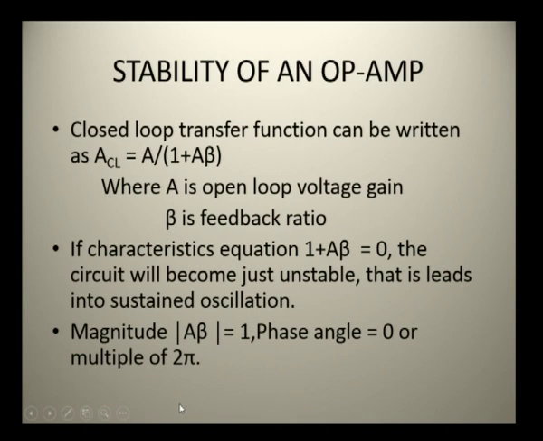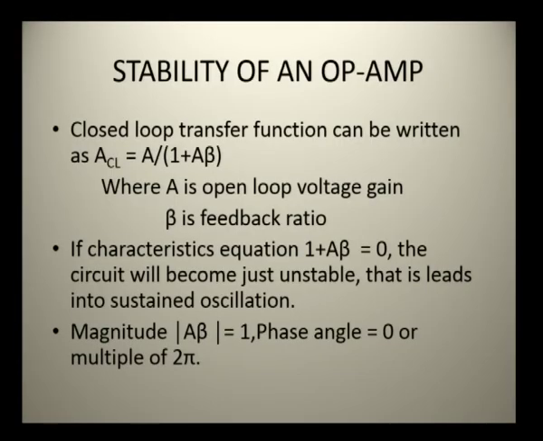If the circuit contains a capacitance effect, a single capacitance effect will produce a minus 90 degree phase shift, or if we see any 3 capacitance effects, then the phase shift is minus 270 degrees. And if the inverting amplifier is considered, the amplifier itself produces a 180 degree phase shift.